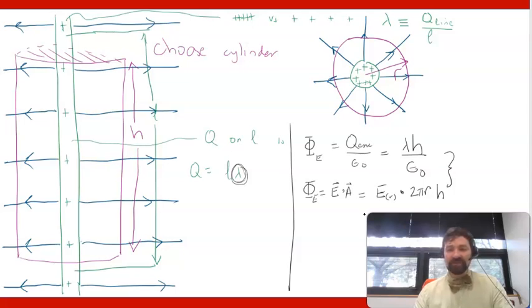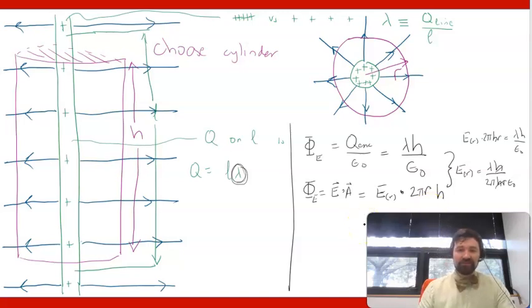lambda h over epsilon naught. So E of R times 2 pi r h is lambda h over epsilon naught. That means that E of R is equal to lambda h over 2 pi r h epsilon naught. And notice that the h's will cancel.